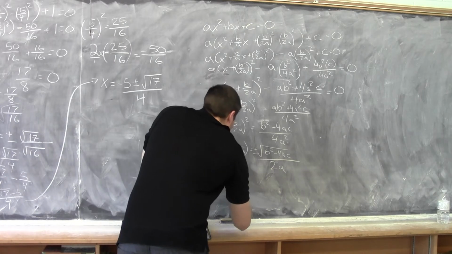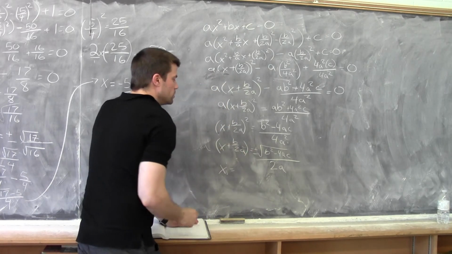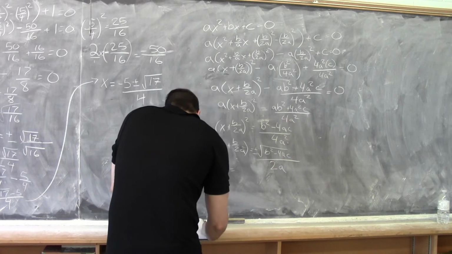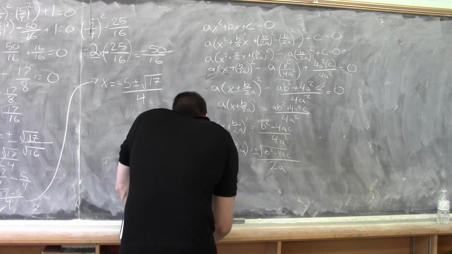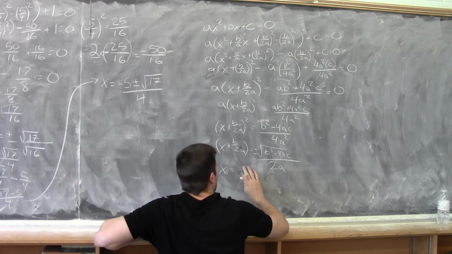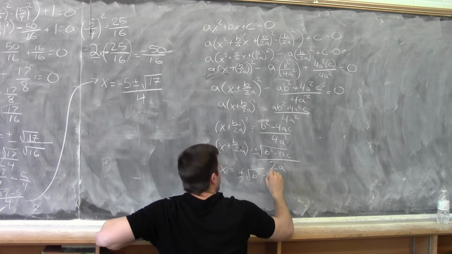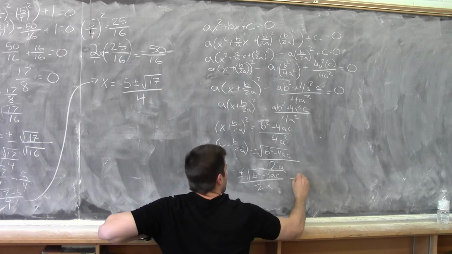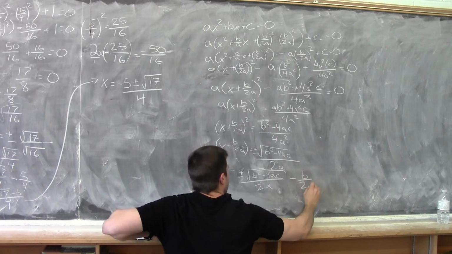Now we have x equals, going to move the b over 2a to the other side. So we have plus or minus square root of b squared minus 4ac all over 2a, minus b over 2a.